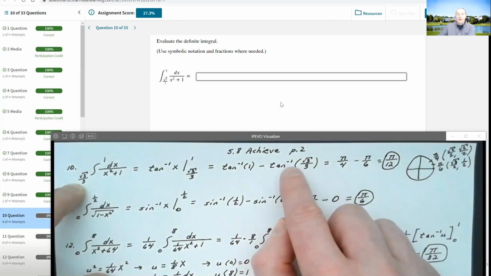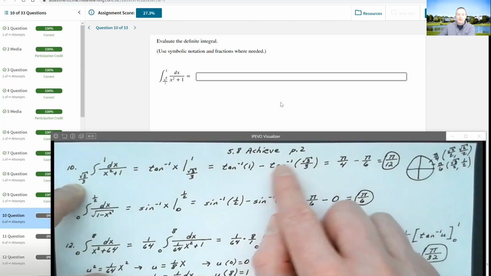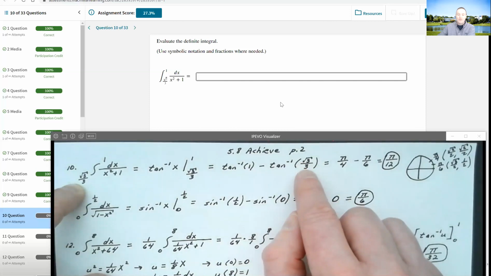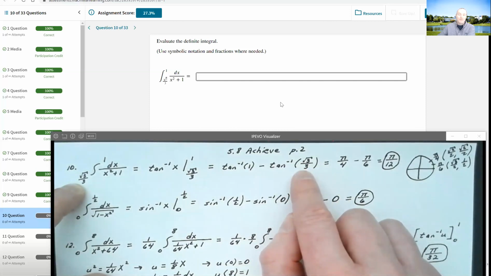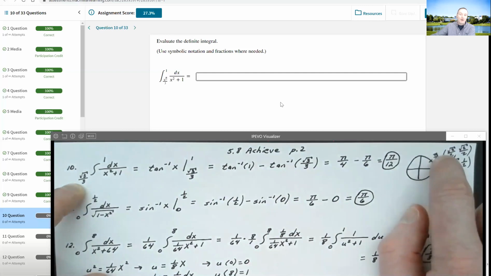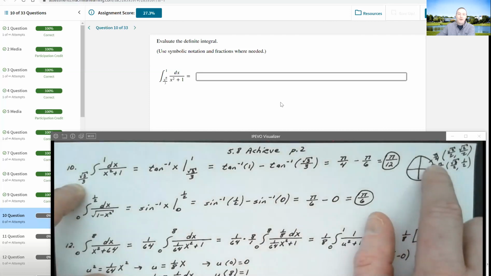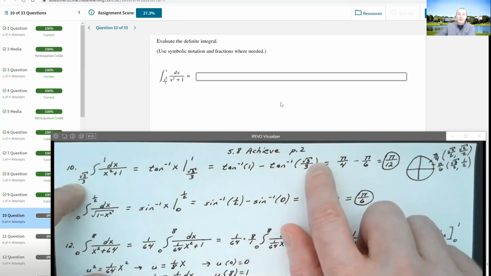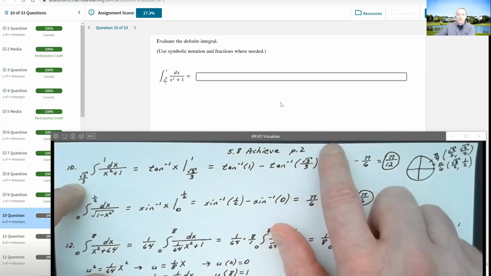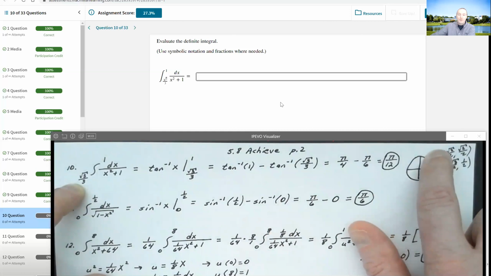So you might have just thought, okay, the inverse tangent of any number less than 1, the only time the inverse tangent has an argument less than 1 is an angle less than pi over 4. The only angle less than pi over 4 we're supposed to know in quadrant 1 is pi over 6. Had this been the inverse tangent of the root of 3, well, then it would have been up here at pi over 3.